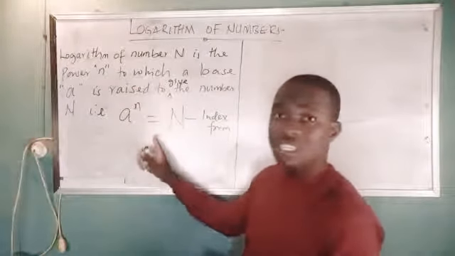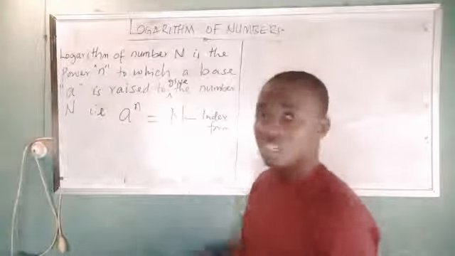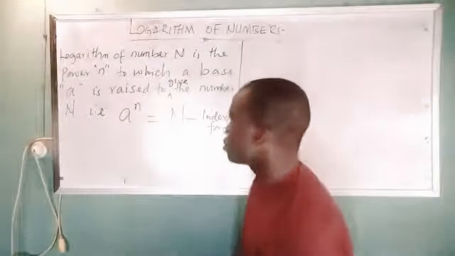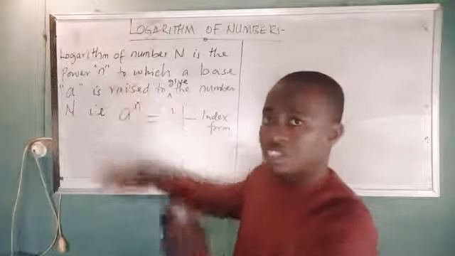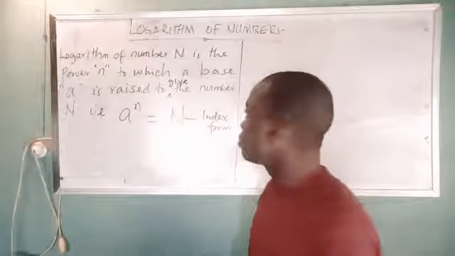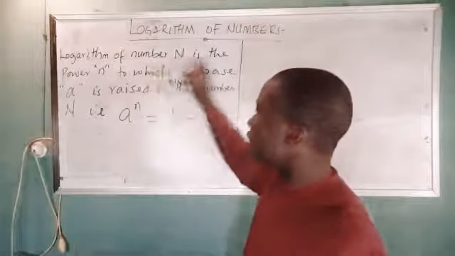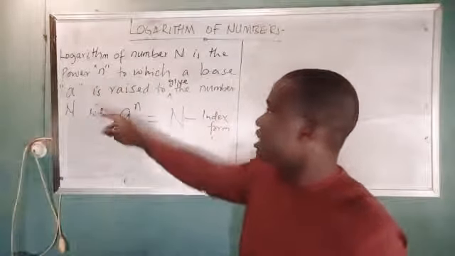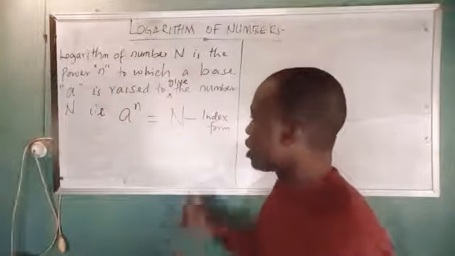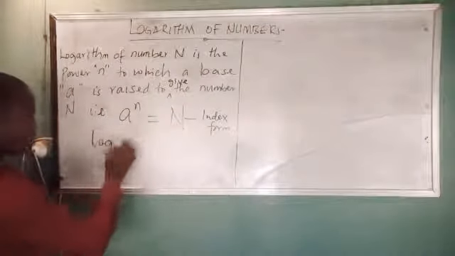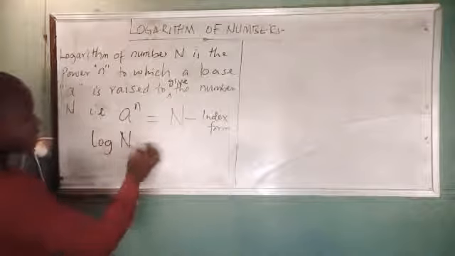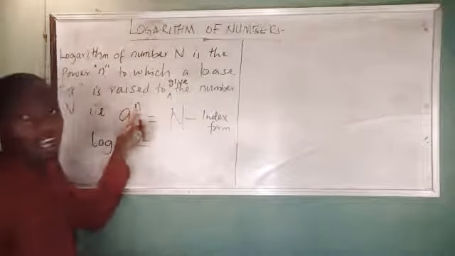Logarithm of number N is the power n to which a base a is raised to give the number. So the logarithm of this number is equal to the power.